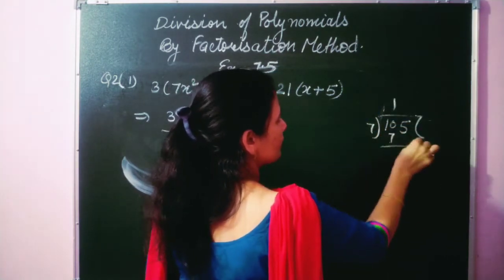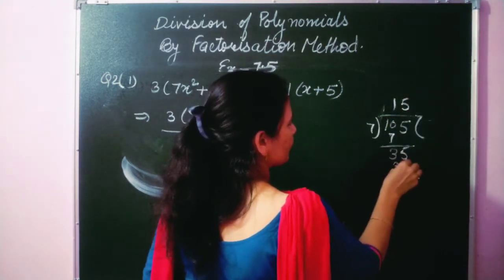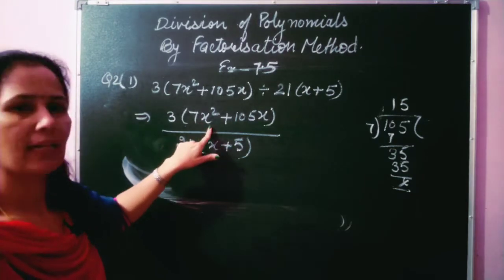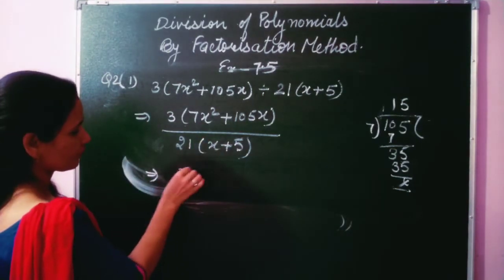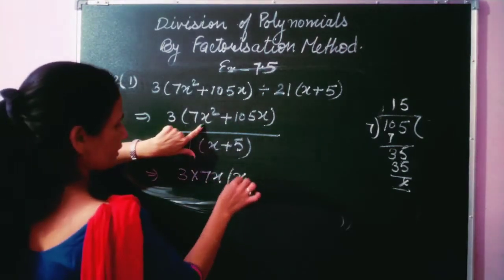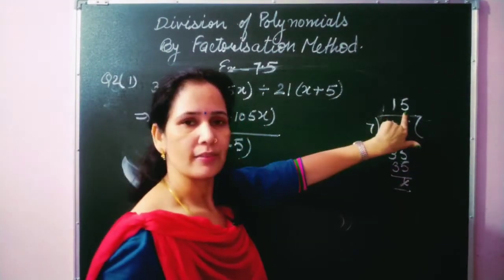7 times 1 is 7, remainder 3, 7 times 5 is 35. So what can we take common from this? 7x. So take out 7x as a common factor. When we take out 7x, inside remains only x plus 105 divided by 7, which gives 15.